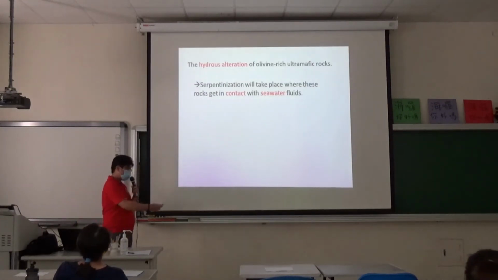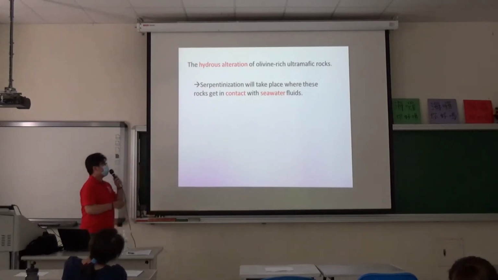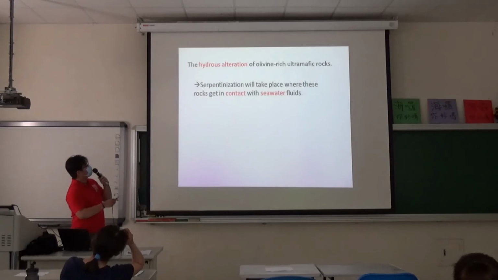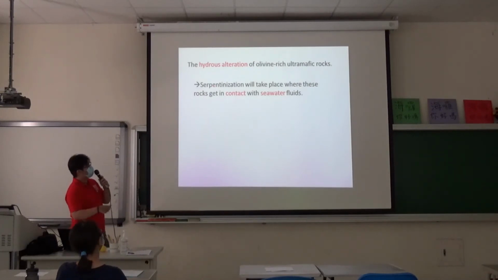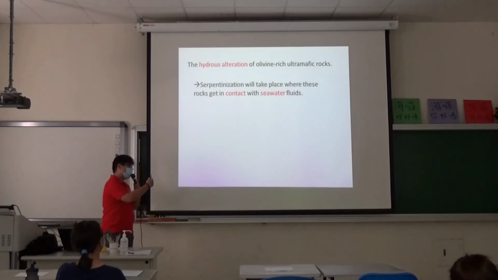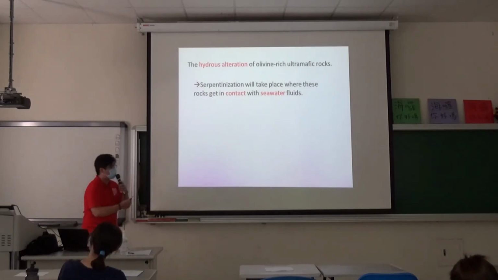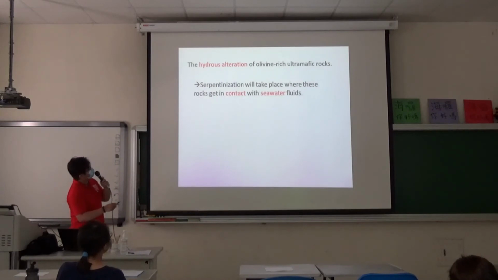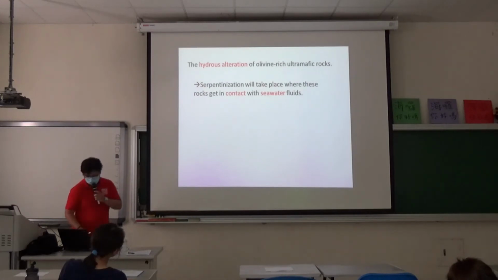The next question is where to find it. Serpentinization is just the hydrous alteration, which means the original material reacts with water. So the environment where it can happen is where the rocks can come into contact with seawater fluids.